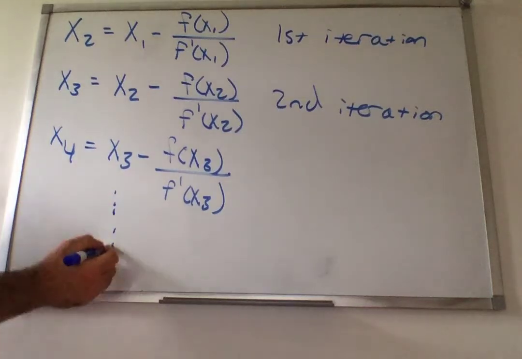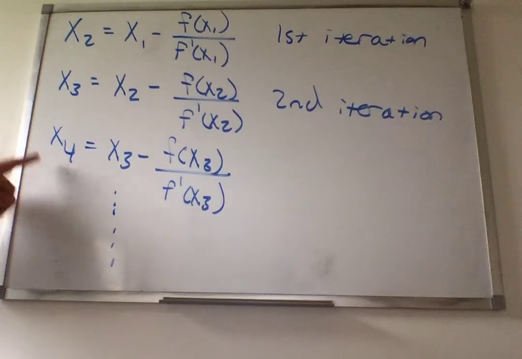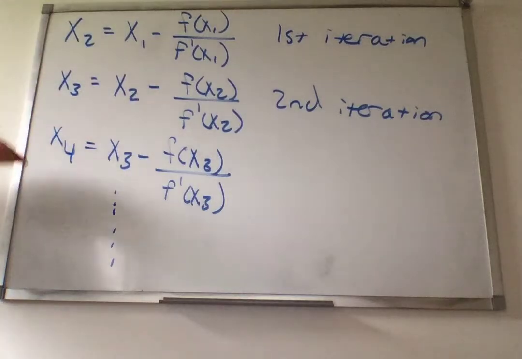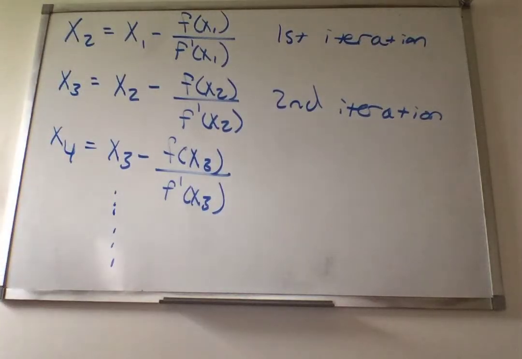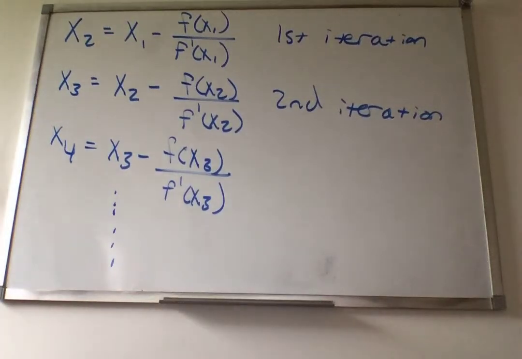And you just keep doing this until these numbers converge onto a single number, okay? Again, every time you do an iteration, these x values should get closer and closer to an actual zero of the function, okay?